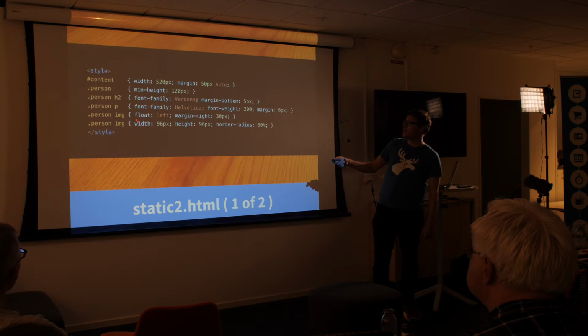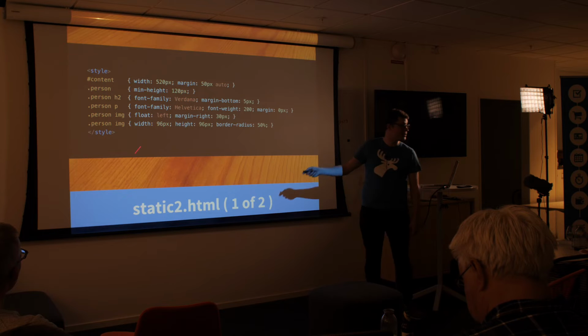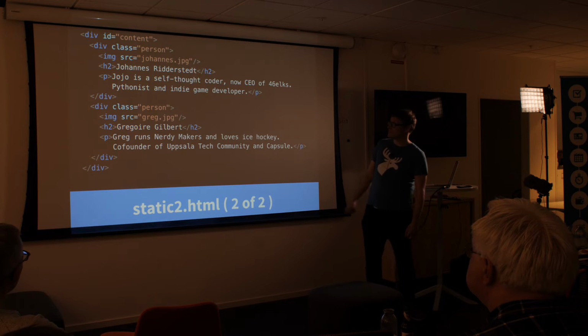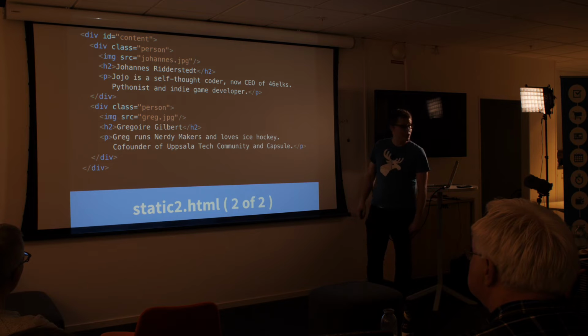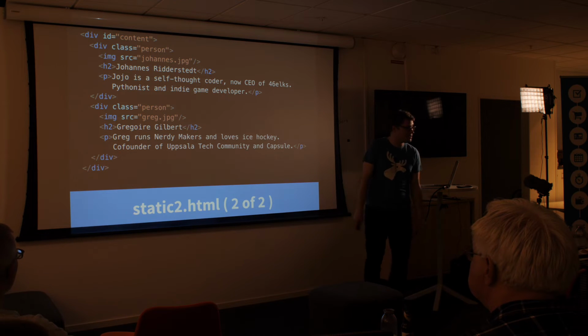So we have a title for the name, we have a p for the description, and we have an image, and I just separated it into lines so it looks nicer in the presentation. Here's the HTML code for that. The container, div ID content, and then we have div class equals person, and then we have the image, the title, and the description, and another person. Okay, kind of obvious how to make this in plain HTML. Let's look at how you can build this in Elm.